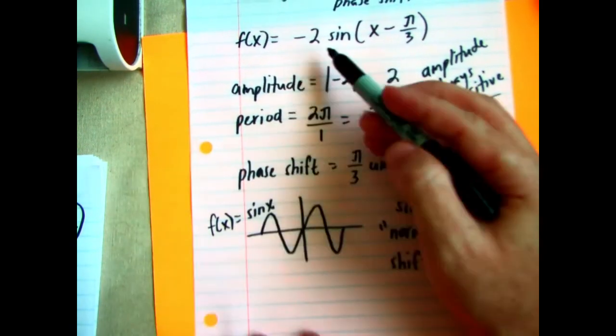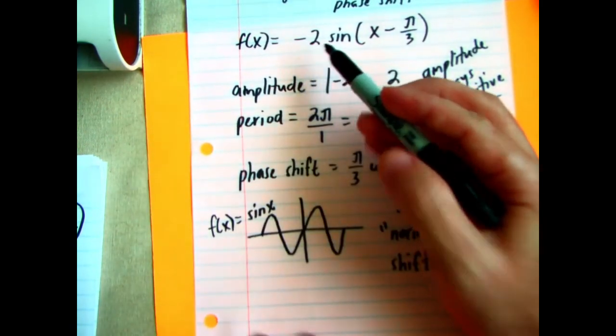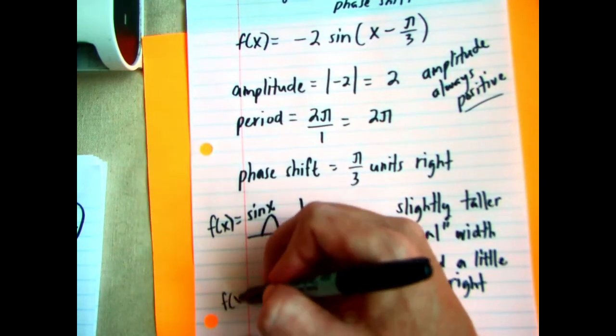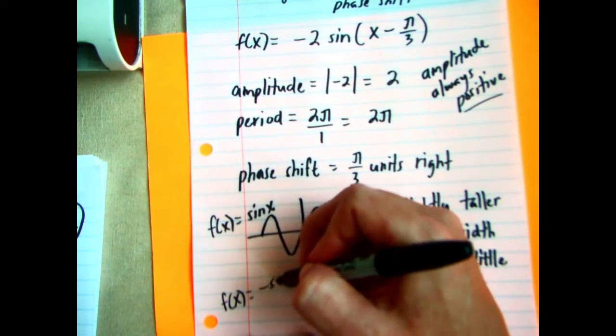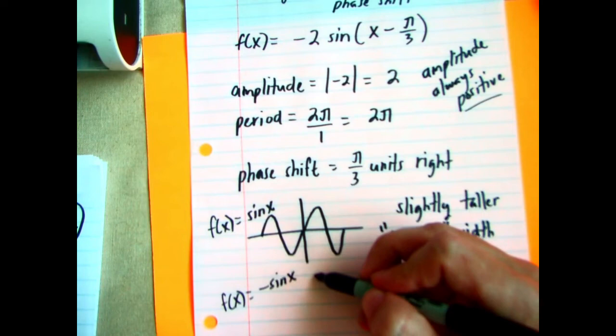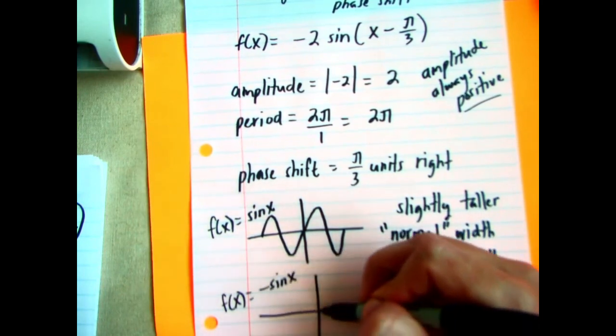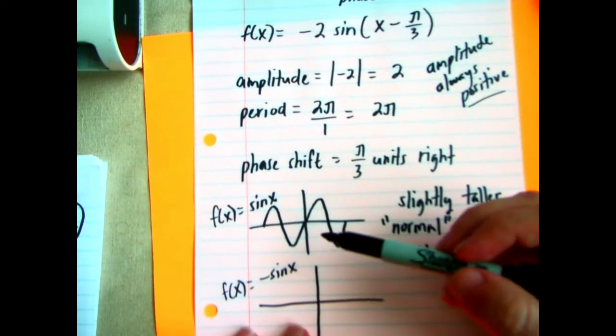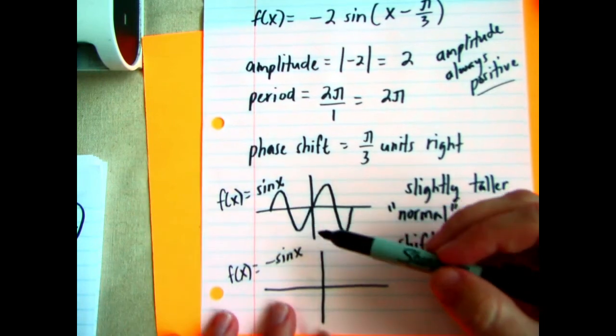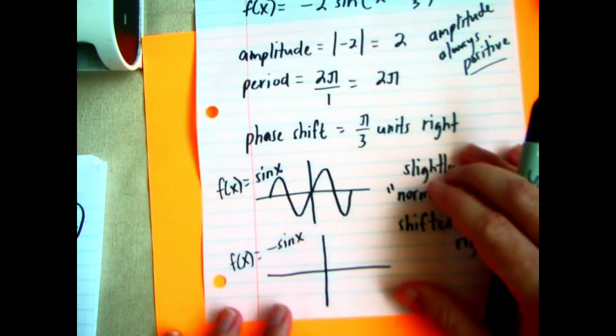But what would happen if there was a negative out front? If there was a negative in front of the sine, all the y values would be turning positive to negative and negative to positive. So that is flipping the graph about the x-axis, right?